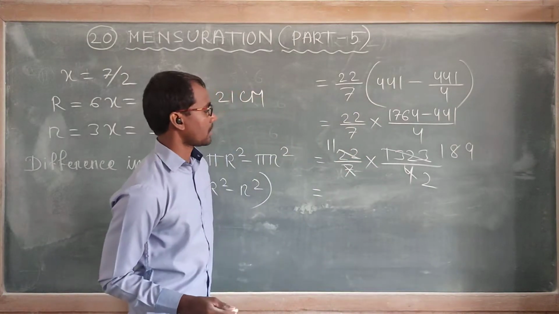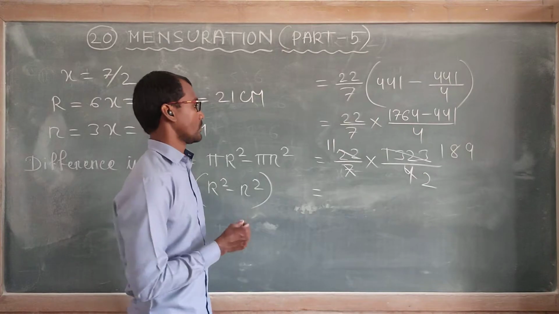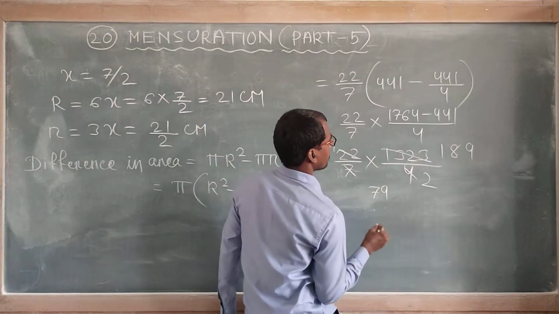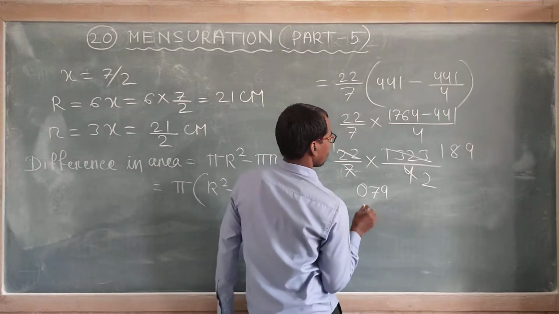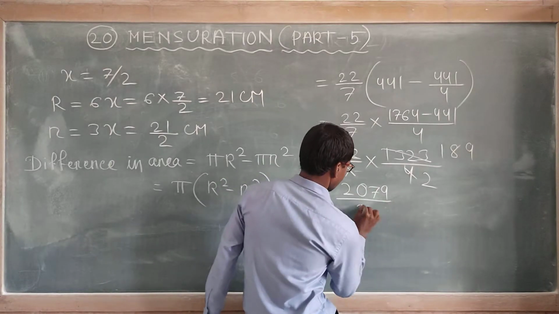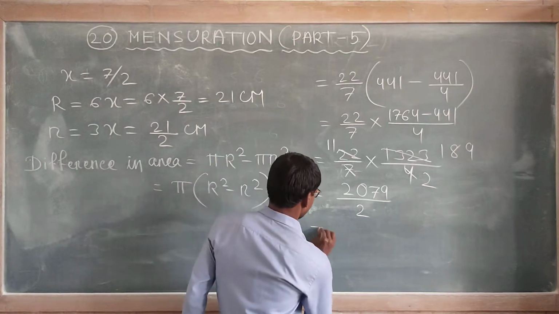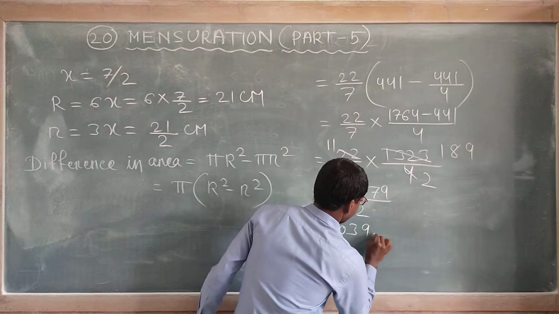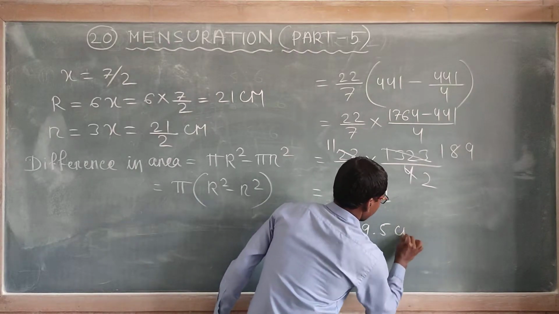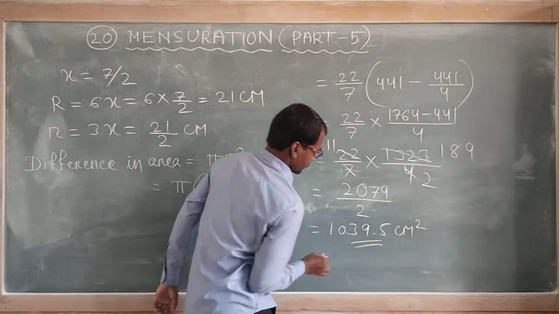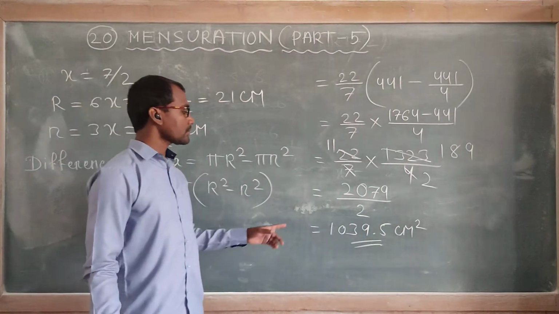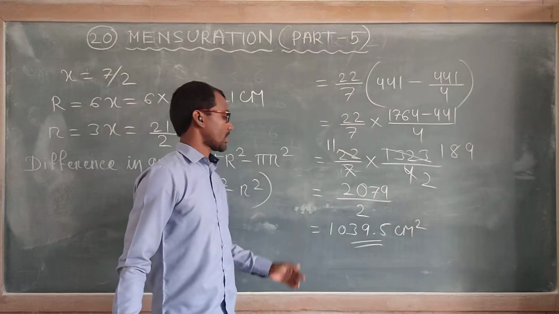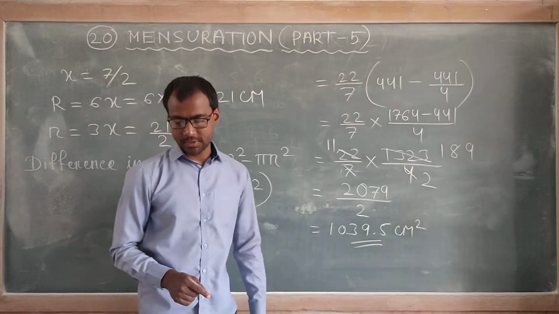So 11 into 189 by 2, which is 2079 by 2, which is 1039.5. Okay, so this is the difference between the two circles. The difference between the largest and the smaller circle is 1039.5 square cm.